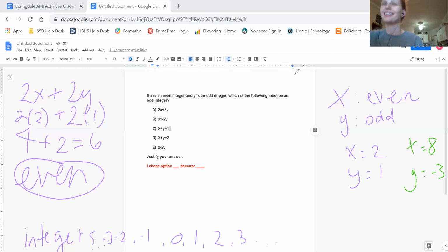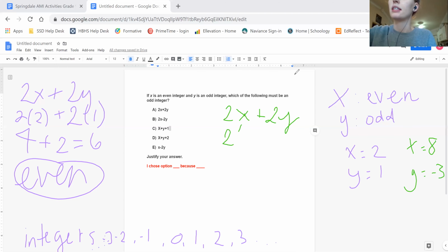We've got 2x plus 2y, that's just the expression from A. We're going to see if this is even or odd. I'm doing it twice to show you that if you choose any even number and any odd number for these problems, that's how we're going to check it.